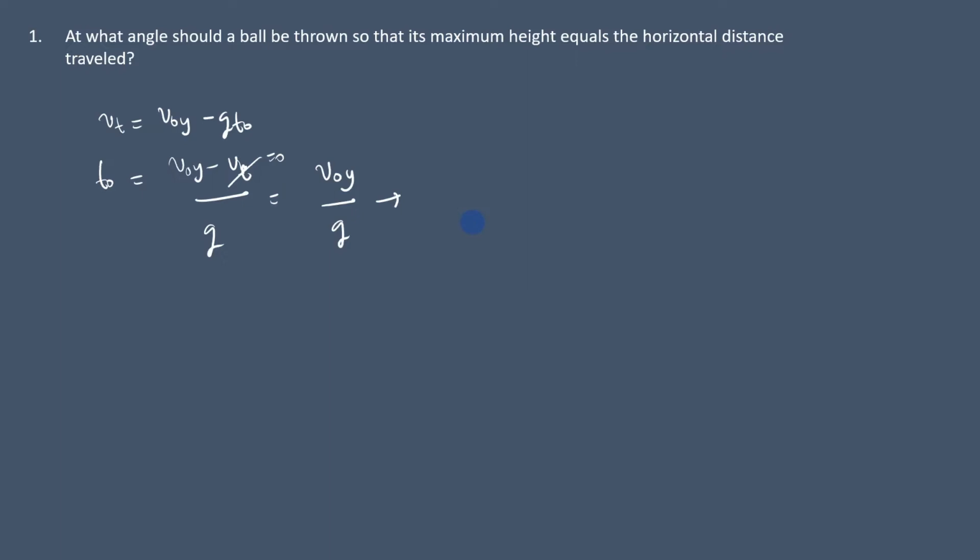The maximum time the ball is in the air is 2 times To, because the time upward is the same as the time downward. So the time the ball is in the air is 2 times To, and we can substitute To by Voy divided by g, and we know that Voy is equal to Vo sin theta.